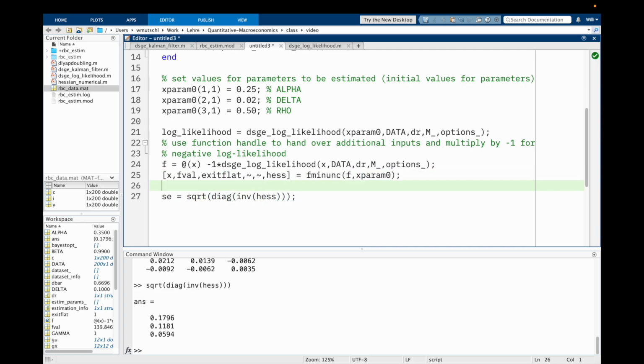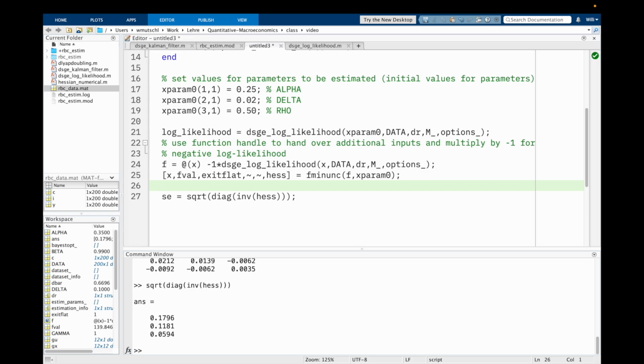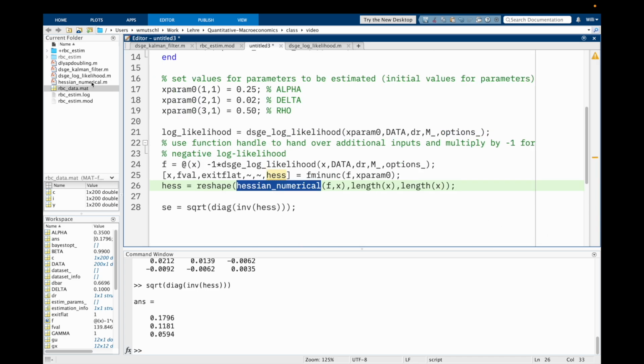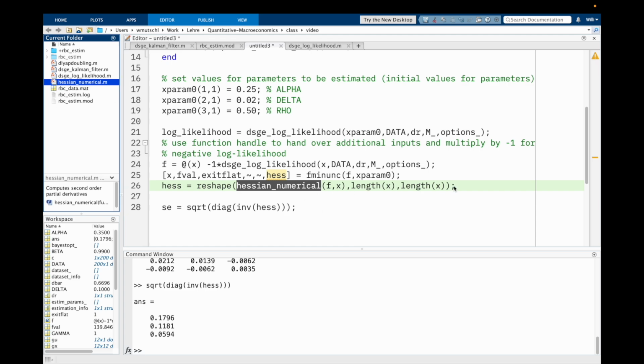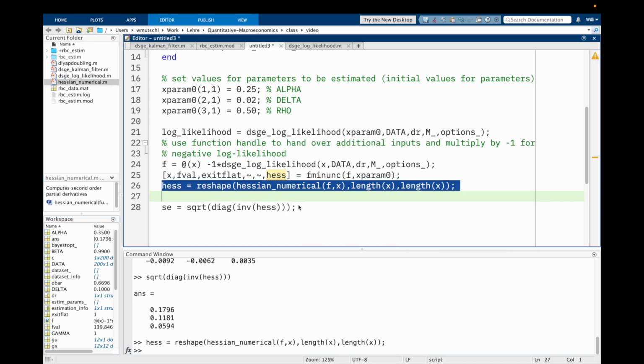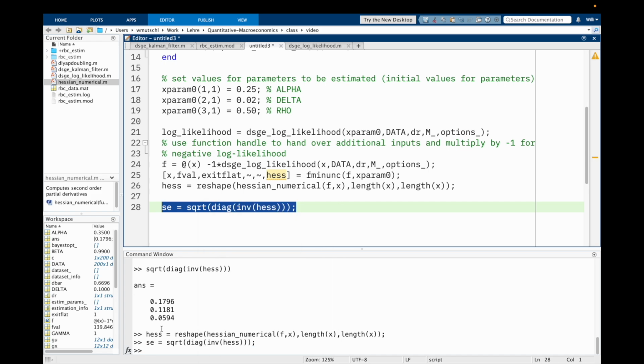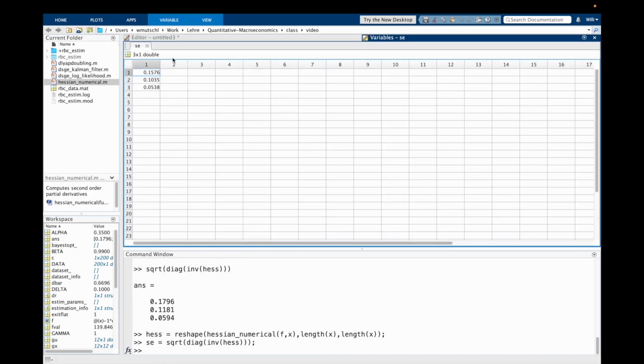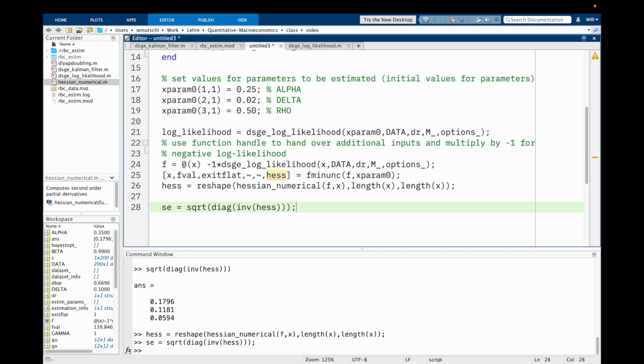If you use an optimizer where you don't have the Hessian, you can use the Hessian numerical function that I have provided you with. So let's use that Hessian. It should be roughly the same, not identical but close to the Hessian here.